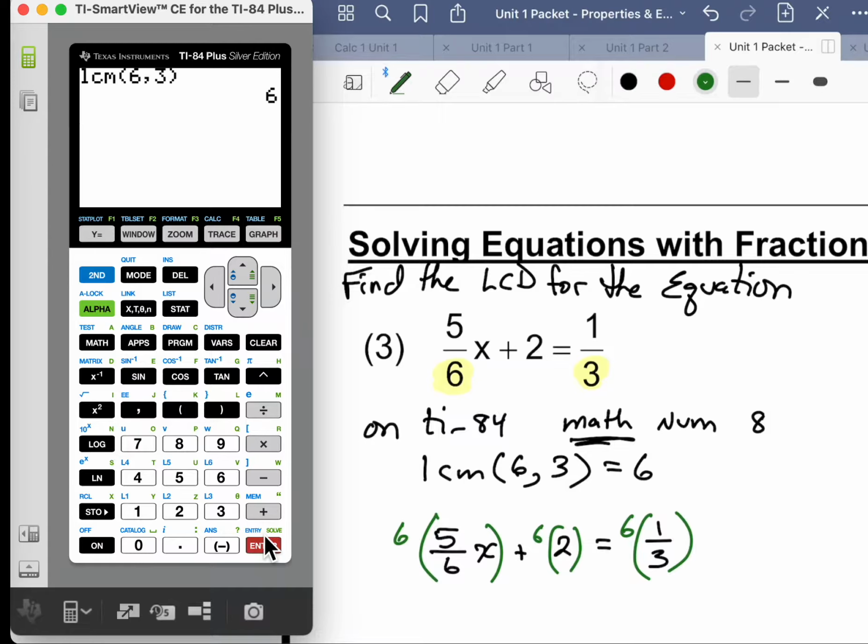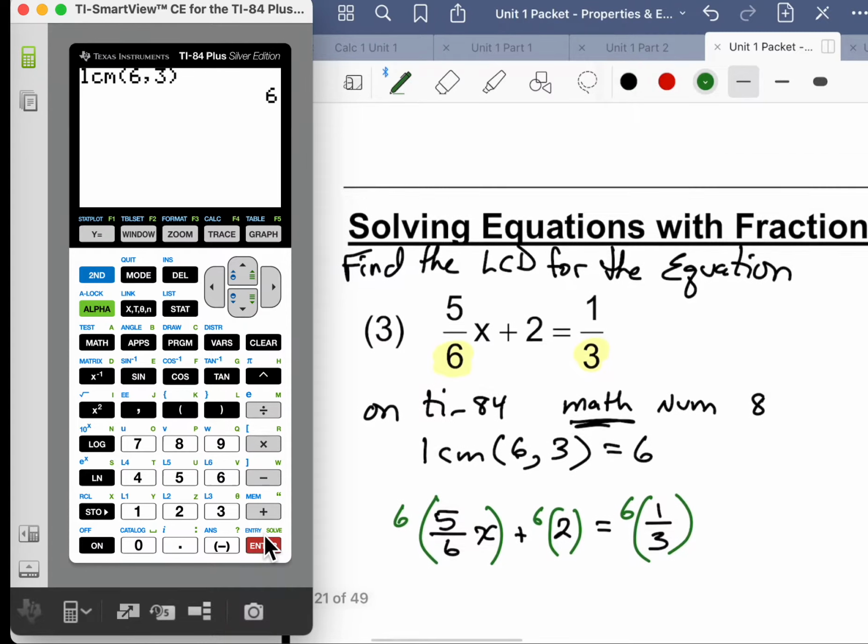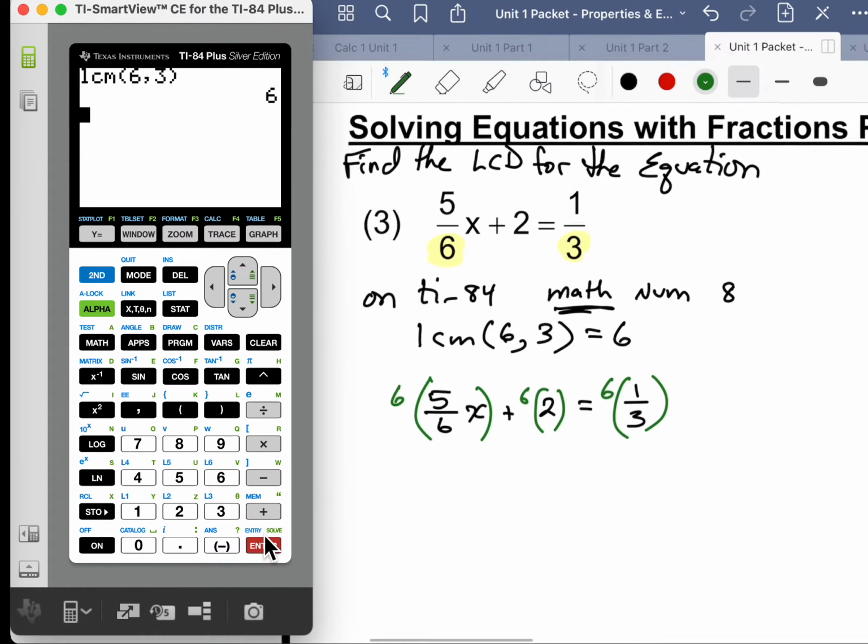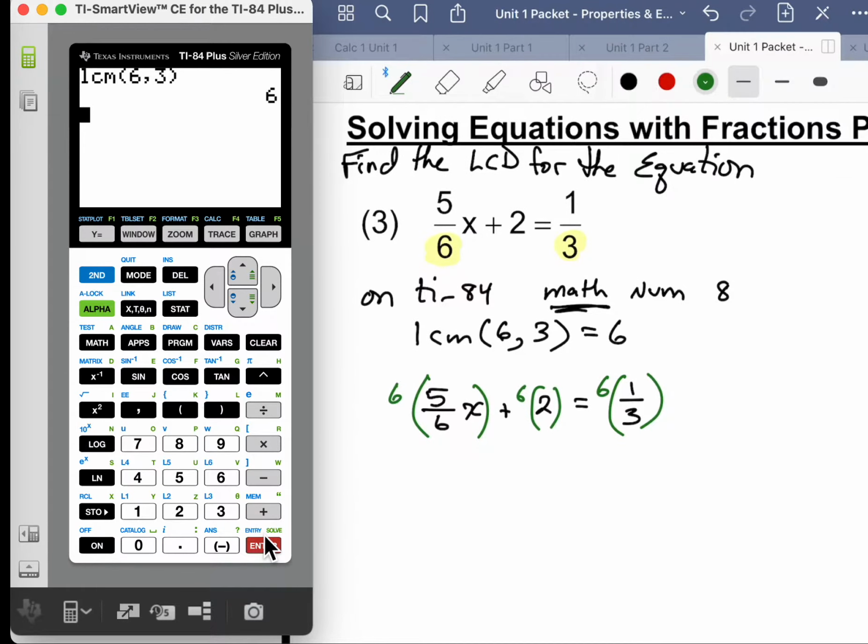You're not required to do it this way. This is an option for those of us who may have had a little struggle with this sort of idea in the past. Also, sometimes you look at two numbers and you're like, okay, 17 and 51, I don't know. So give it a shot. Try it in the calculator, see how it goes.